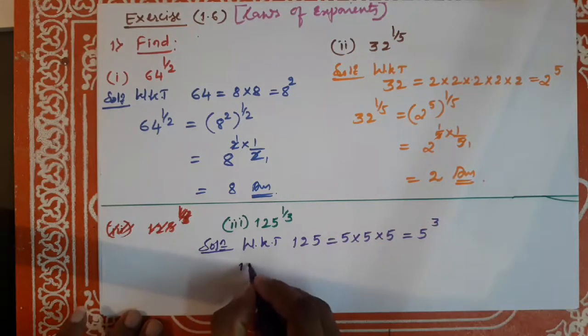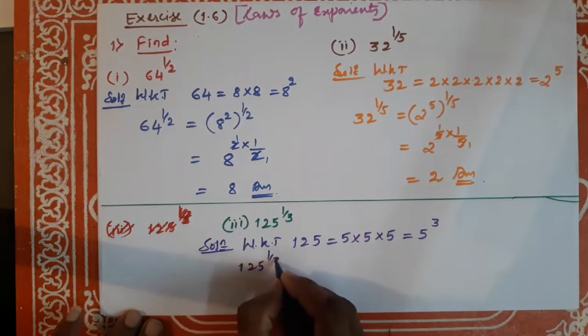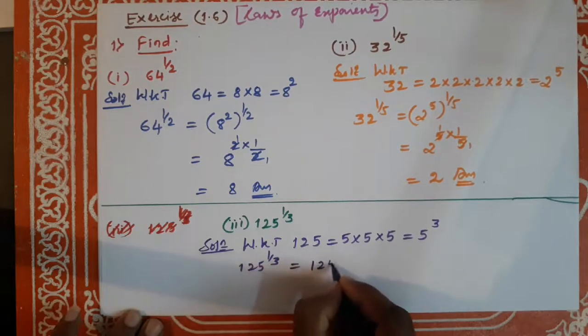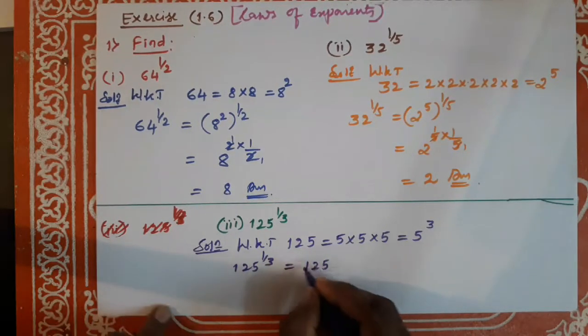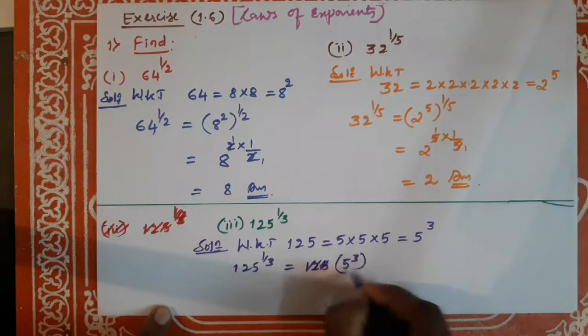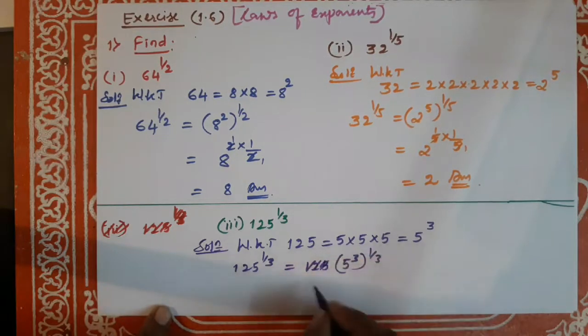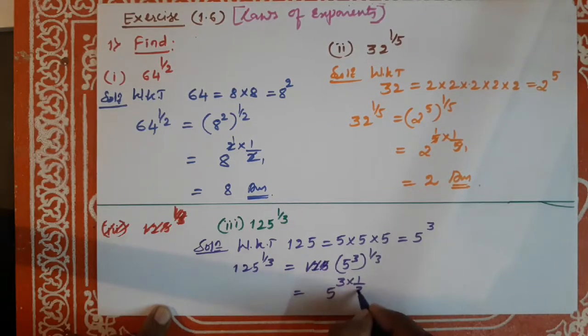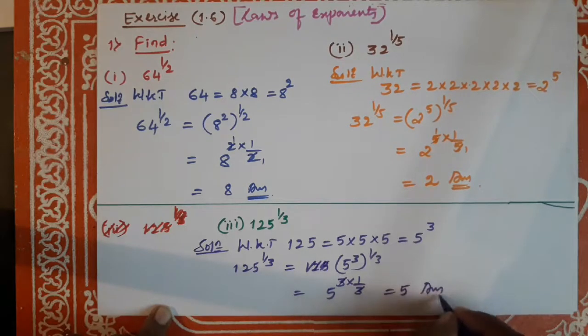So 125 whole to the power of 1 by 3 is equal to 5 to the power of 3 whole to the power of 1 by 3, which is equal to 5 to the power of 3 into 1 by 3. 3 ones are 3, which is equal to 5. This is the answer.